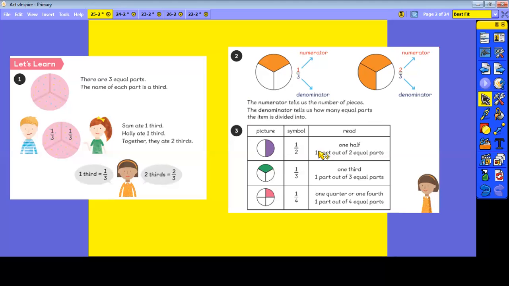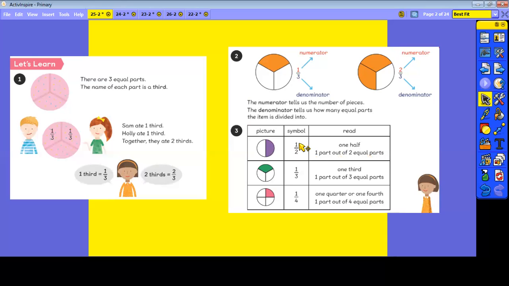Okay, so have a little look at this table here that Amira is presenting to us as well. Here we've got the picture of a circle divided into 2 equal parts. The purple part represents a fraction of a half, 1/2. 1 part out of 2 equal parts.